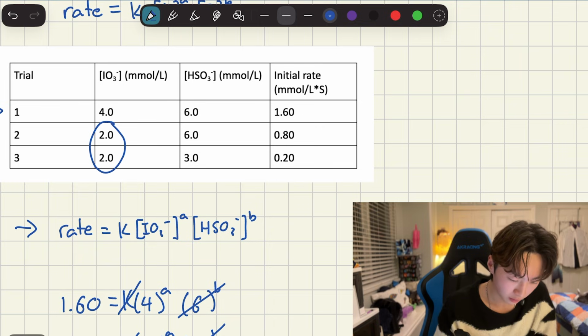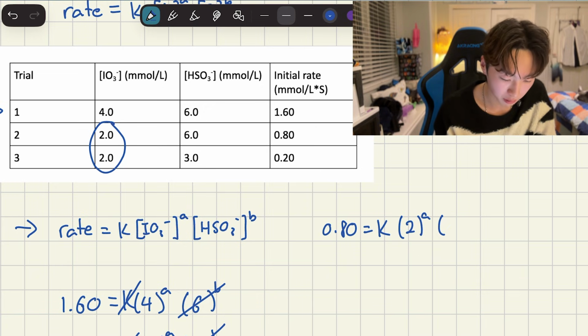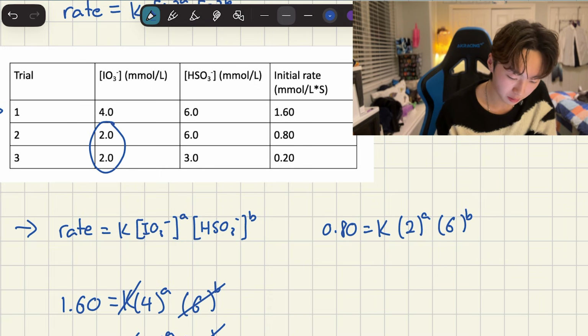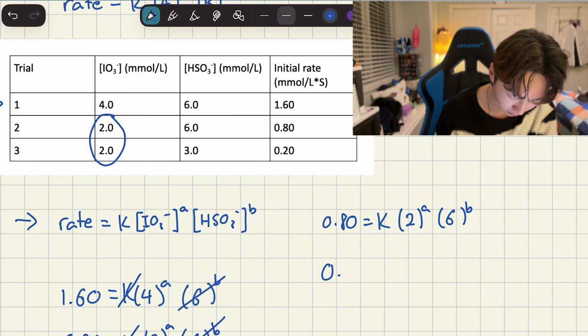Let's write trial 2 first. So 0.80 is our rate, is going to be equal to K times our concentration of IO3 minus, which is 2 to the power of A, times the concentration of HSO3 minus, which is 6 to the power of B. And then if we do the same thing for the third trial, we'll have our expression.